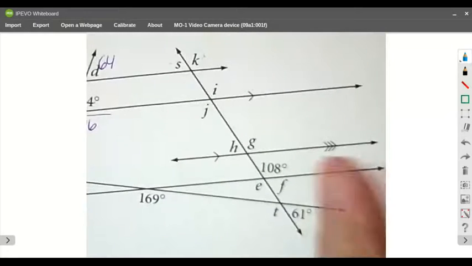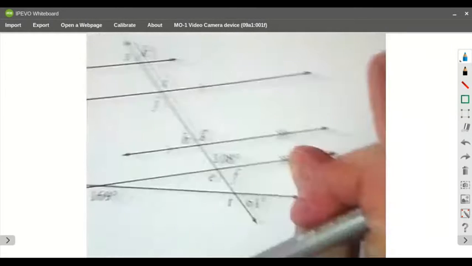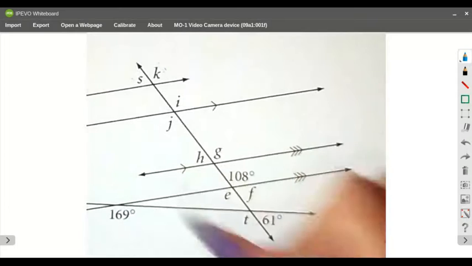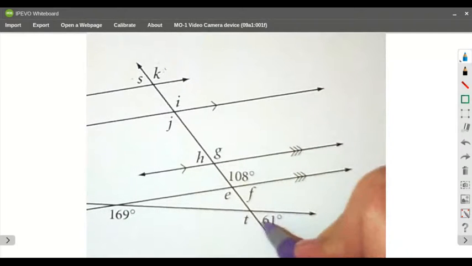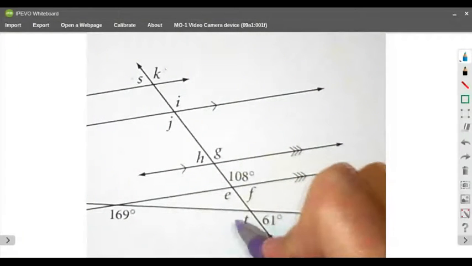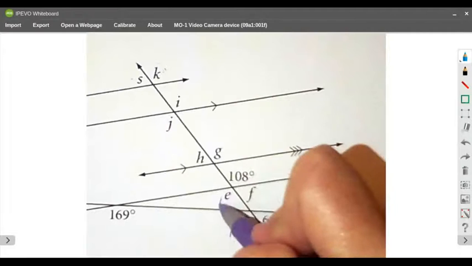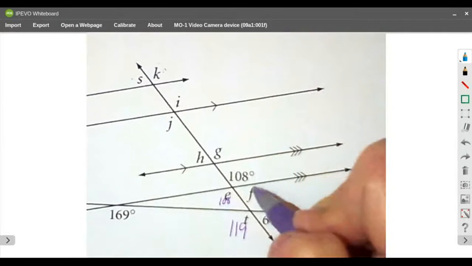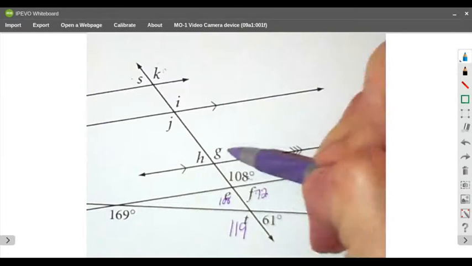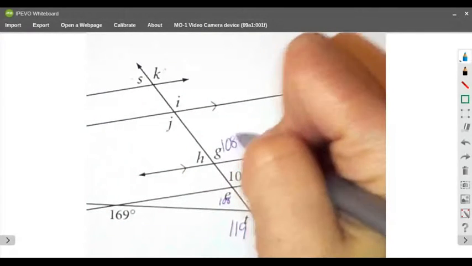So let's shift over here, see what we can find. I'm going to start down here with these angles that are given. So this is 61, so this is going to be 119 because those have to add to 180. They're a linear pair. If this is 108, E is 108 because they're vertical. F is going to be 72 because those are a linear pair. Notice G and 108 are corresponding.